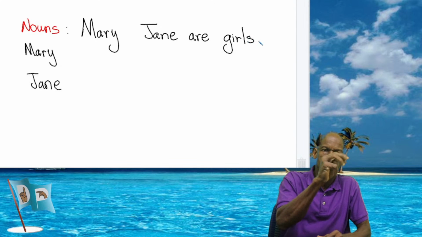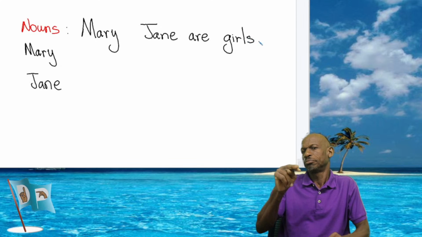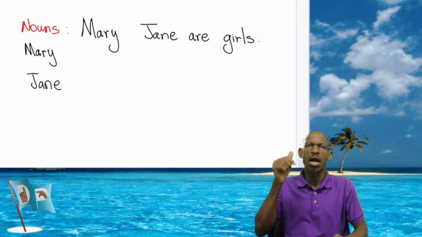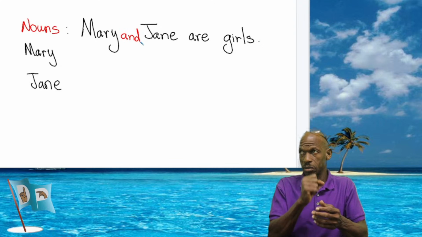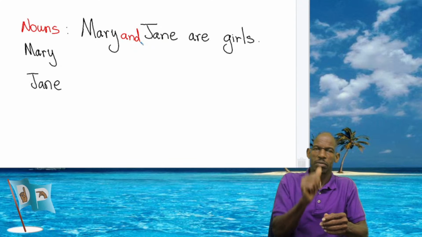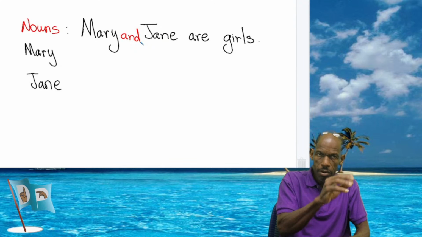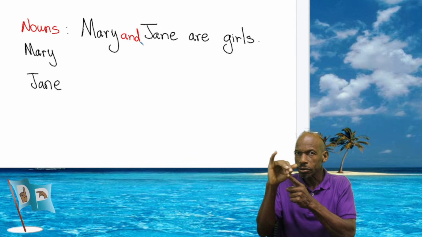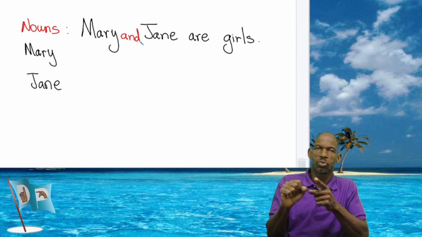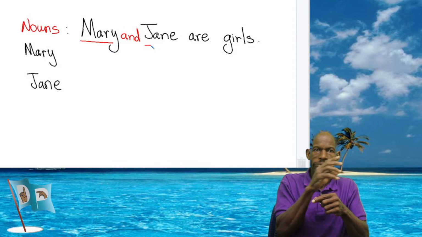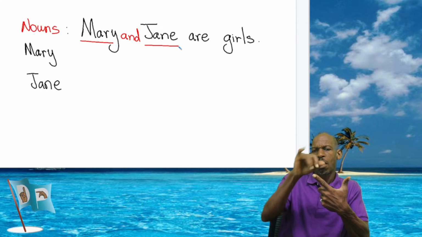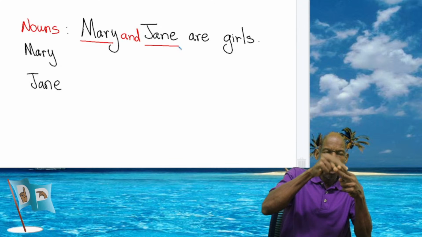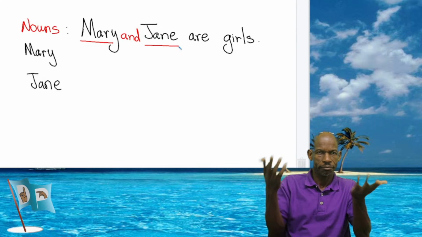They are girls, but something is missing. I need to join Mary and Jane in my sentence. I use "and." Mary and Jane are girls. So "and" is placed between the two nouns, Mary and Jane. I use "and" to join two nouns.